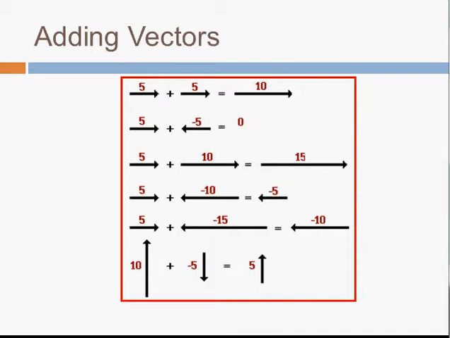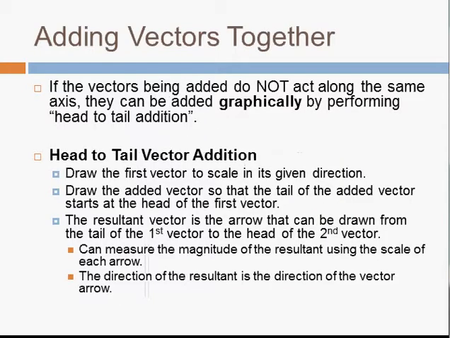That's the easy scenario. Unfortunately, not everything is easy. What happens if they're not on the same axis? Well, what we have to do is come up with a different way to do it. And the way we're going to focus on in this video is what's called graphical addition, or what is known as head-to-tail addition. And here's how this works. What you do first is pick your starting vector, draw that to scale in its direction.